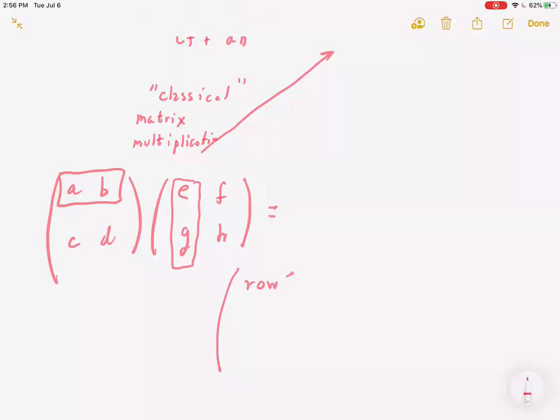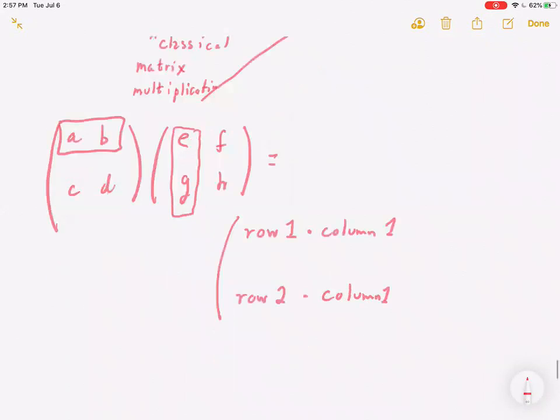as always, you'll get a 2x2 matrix. And here are the matrix elements. Row 1 is dotted into column 1. That's the 1,1 matrix element. The 2,1 matrix element is row 2 dotted into column 1. The 1,2 matrix element is row 1 dotted into column 2.